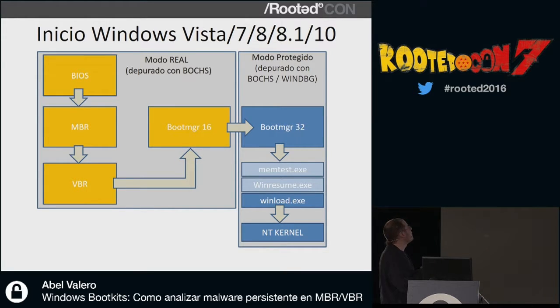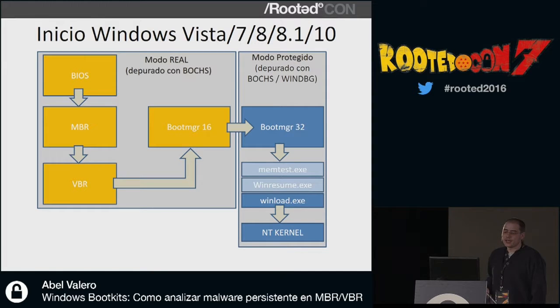From BIOS to MBR, then loading the VBR, and then the boot manager takes over, in real mode. We cannot address more than 1 megabyte of memory. Here is one available megabyte in memory, no more memory available. Here is where bootkits come in. Bootkits need to get by within this remaining space in 1 megabyte.